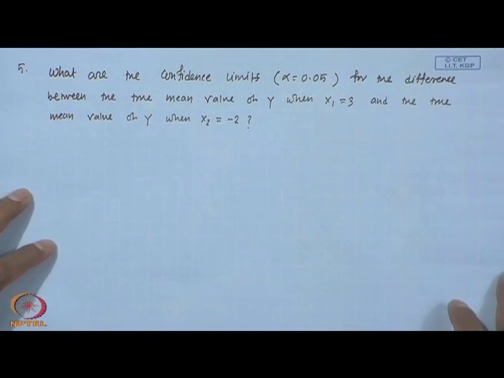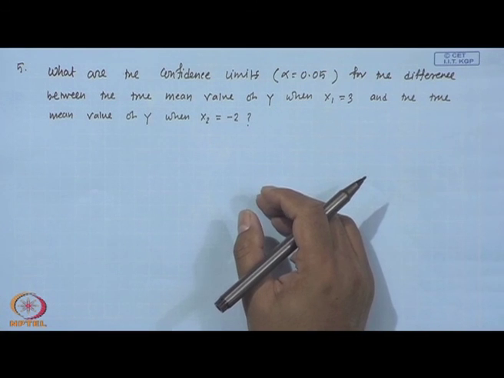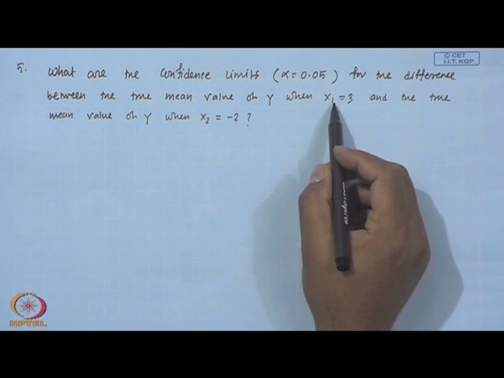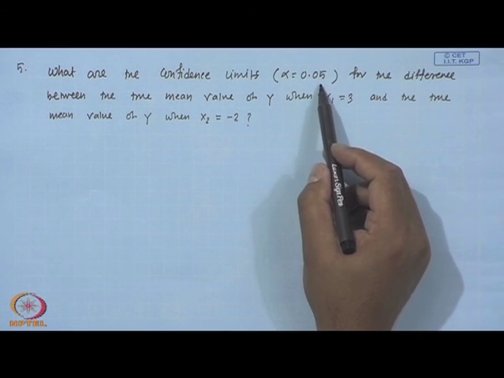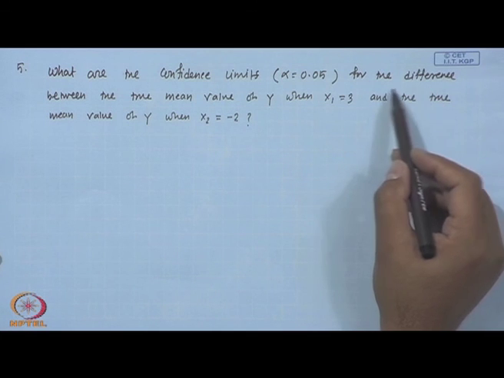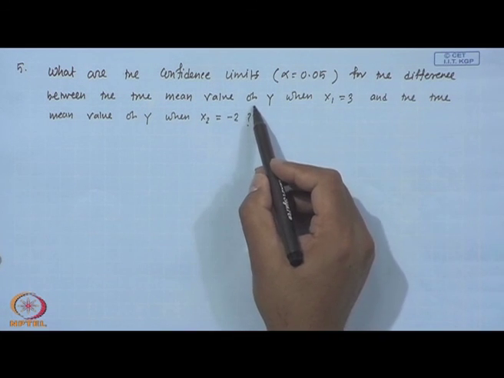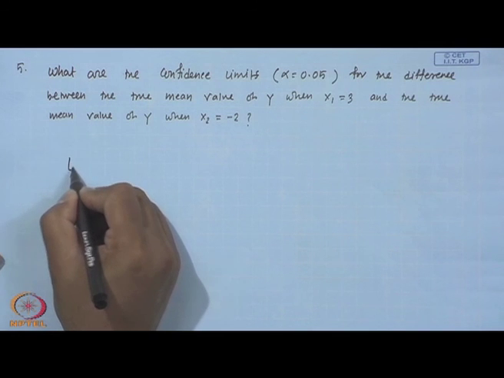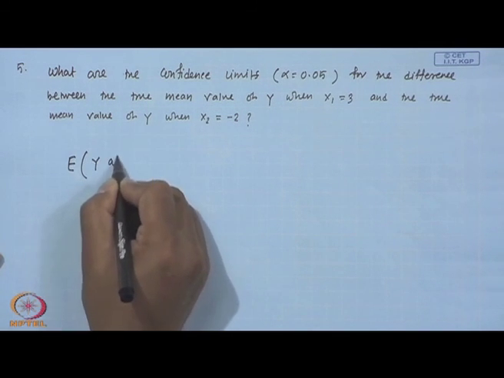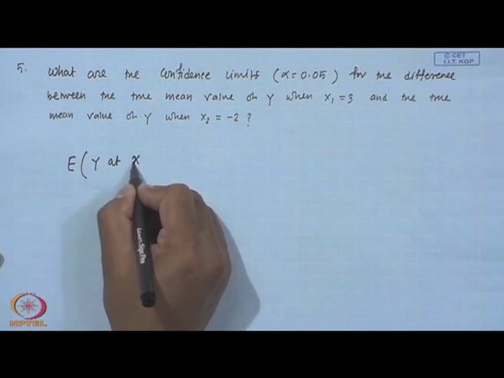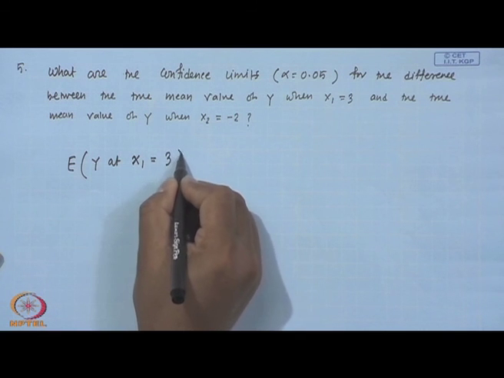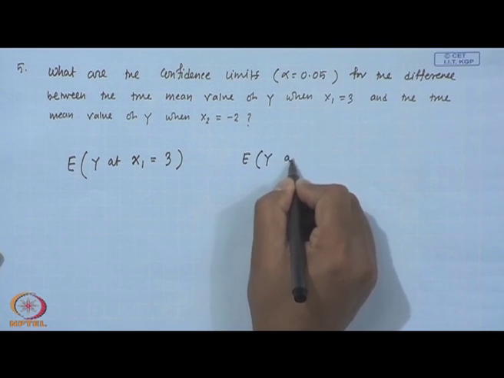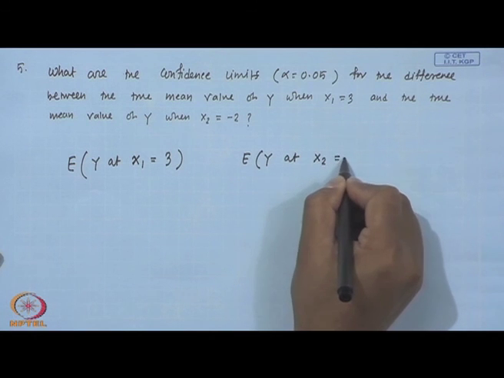Now, we did not try this one before. What it says is: what are the confidence limits at 0.05 level of significance for the difference between the true mean value of y when x 1 equal to 3, so that is nothing but the mean value of y at x 1 equal to 3, and the mean value of y, that is E y, at say x 2 equal to minus 2.